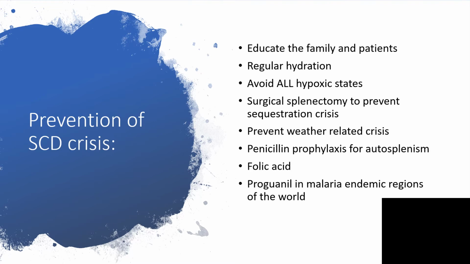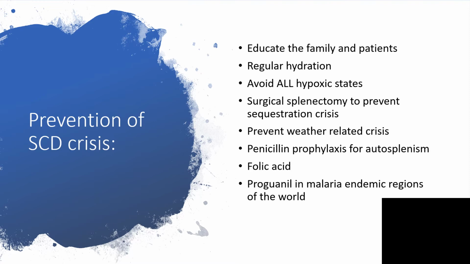Prevent weather-related crises, particularly those who are living in temperate countries. Wintertime, dress warm, okay? And of course, extremes of the two temperatures will have effect on them, but cold is more of a problem.